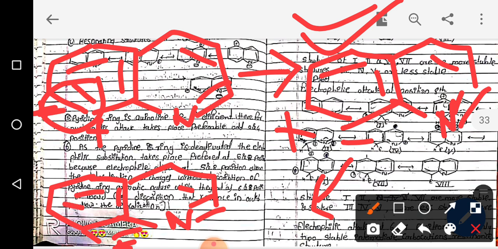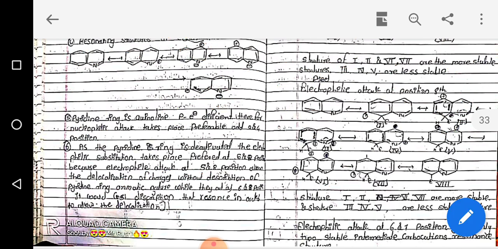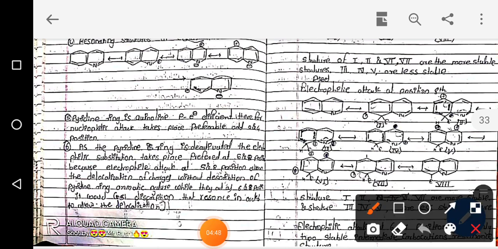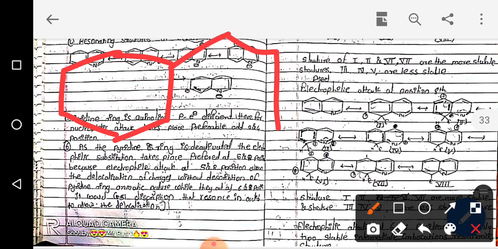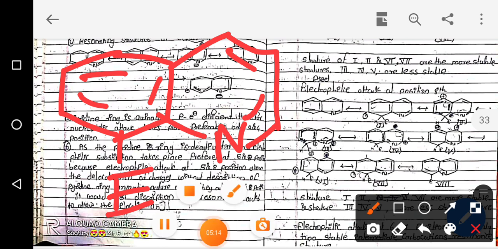Position 8 looks like this in a simple way after addition. It looks like the electrophile final product, but it passes through different transition states. Those transition states also we have to mention in this step, because they are explained in the notes. So for removing the confusion, I can draw so that you can understand.